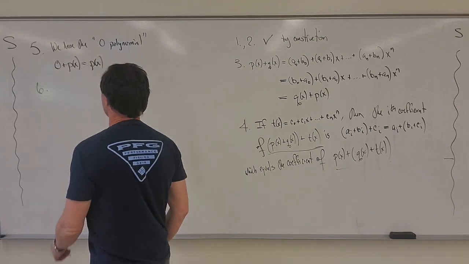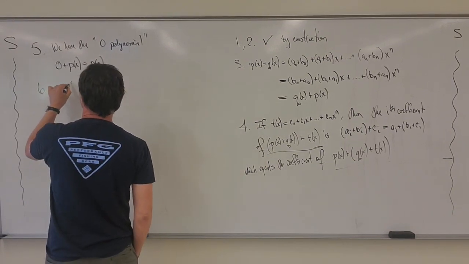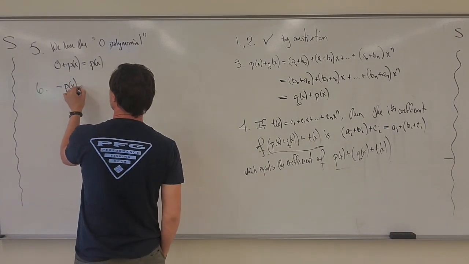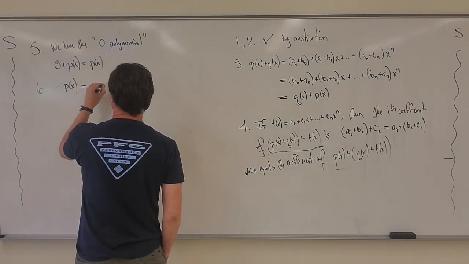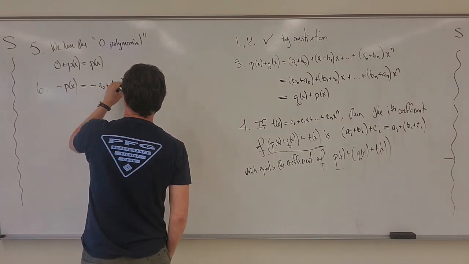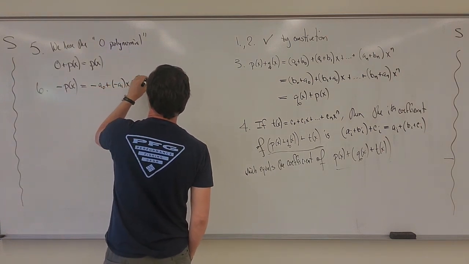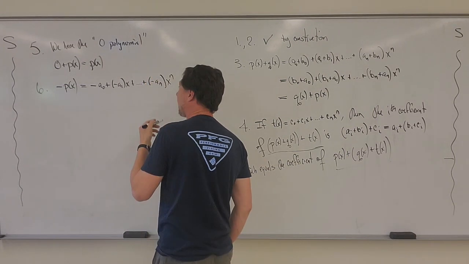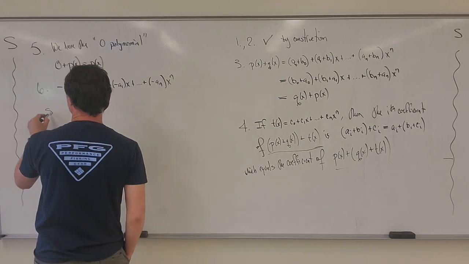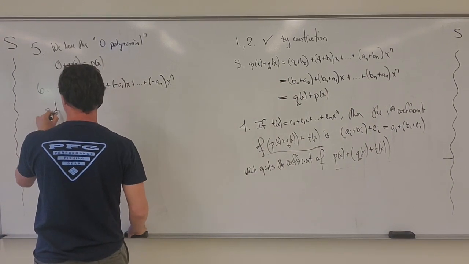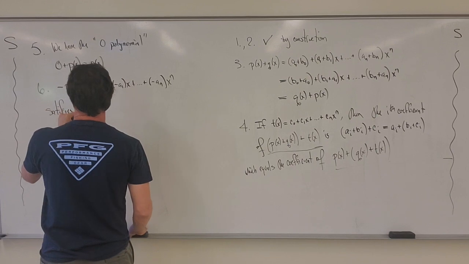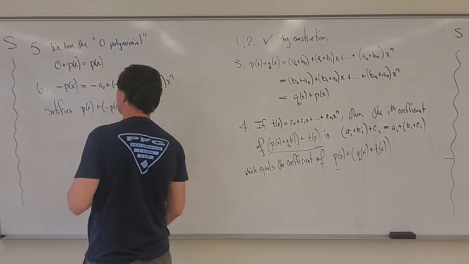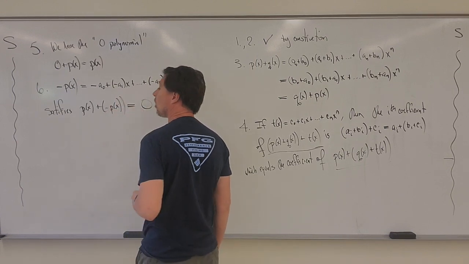Property 6, so we need an additive inverse, minus p of x equal to negative a0 plus negative a1 x plus dot dot dot plus negative a n times x to the n, satisfies p of x plus negative p of x equal to the 0 polynomial.